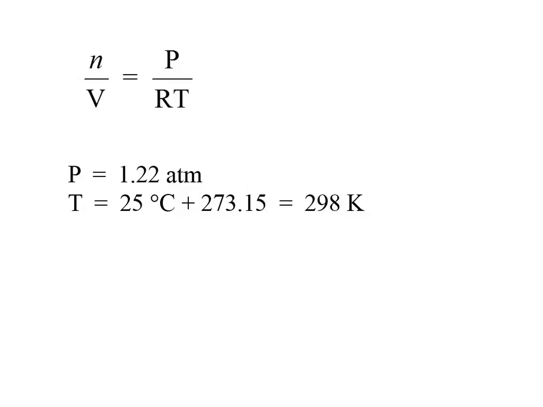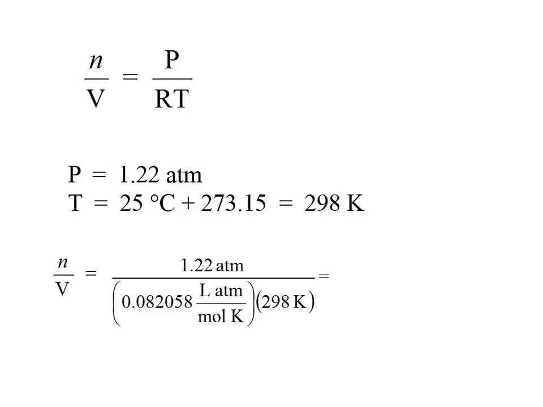Okay. All right, so here's what it looks like plugging in. The N over V, or the moles per liter, is equal to 1.22 atmospheres divided by 0.082058. That's the value for R. The units for R are liters atmospheres per mole Kelvin. And then also in the denominator is the temperature in the Kelvin scale, which is 298 Kelvin. So it looks like round to 3 significant figures.